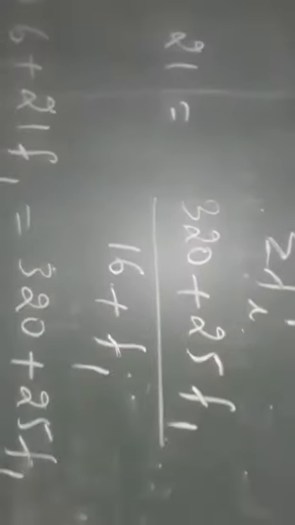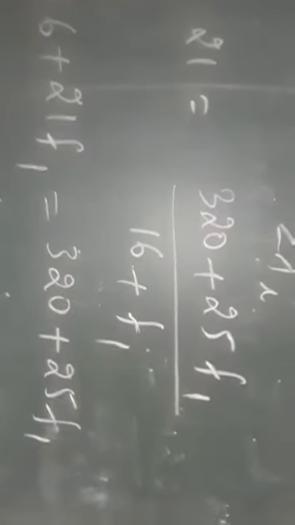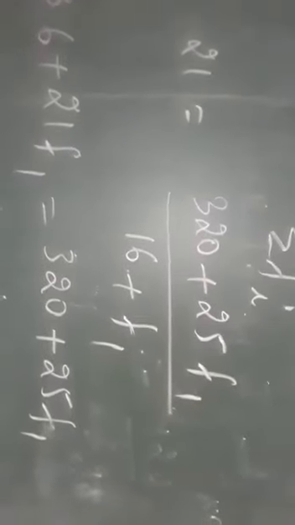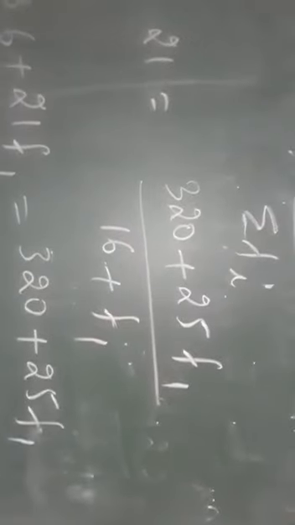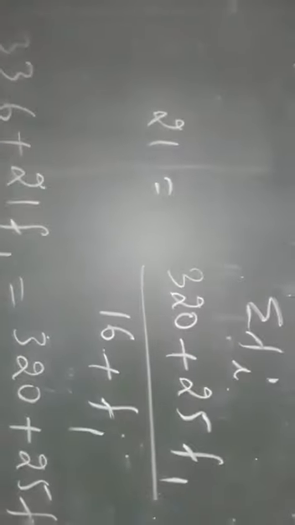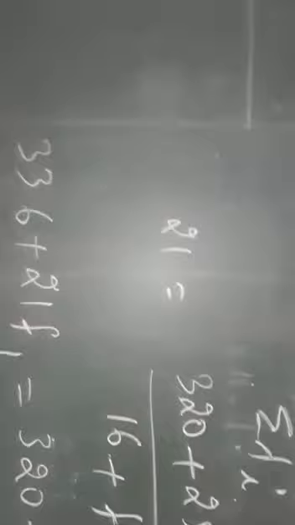We have substituted 320 plus 25 F1 for summation Fi Xi, and for summation Fi we have substituted the value 16 plus F1. Now the mean was known to us, 21.